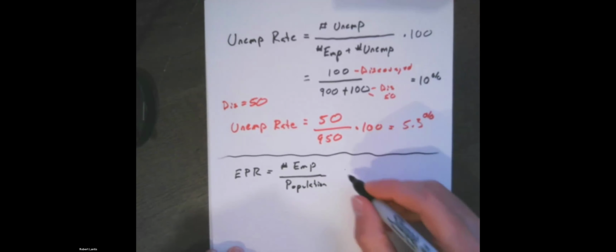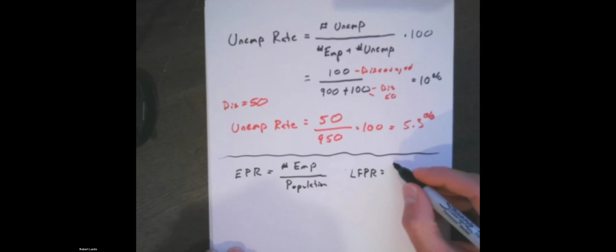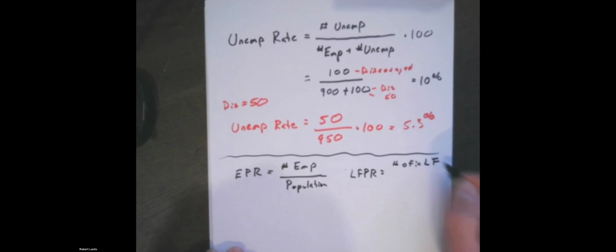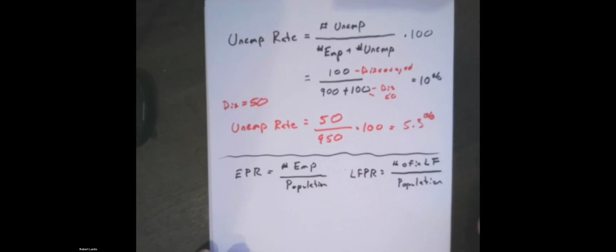We also had the labor force participation rate, which was the number of people in our labor force divided by that CNIP or divided by the population.